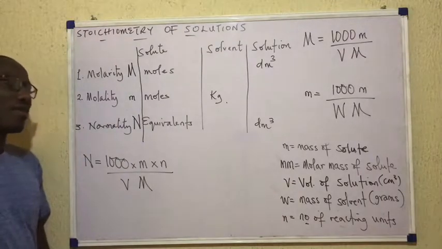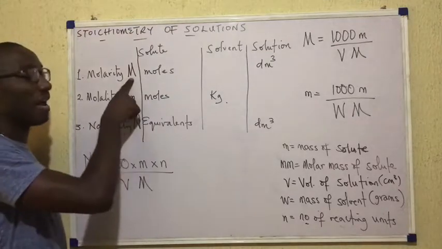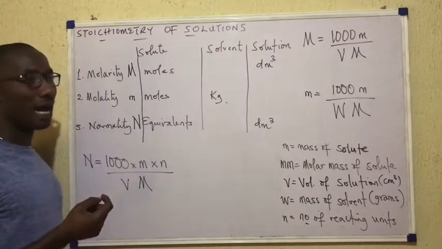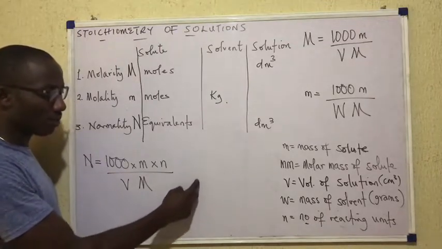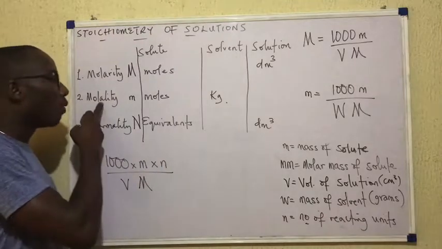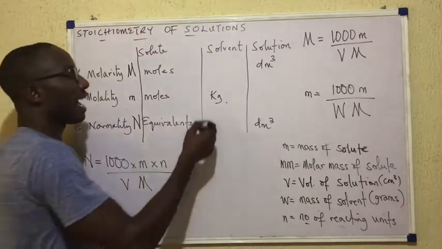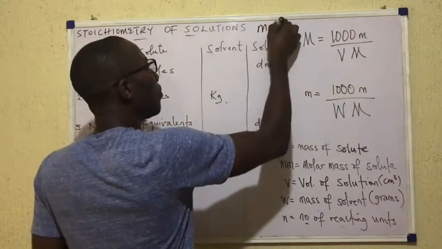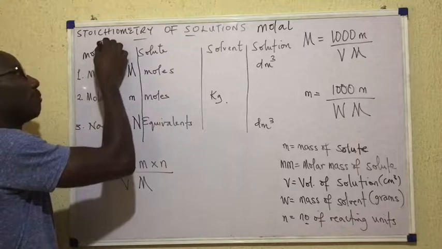So molarity, we represent it in symbol as the capital M, and we pronounce that M as molar. So if I write 2 capital M, you pronounce it as 2 molar. Molality, the small m, we pronounce that as molal, unlike this, that is molar.